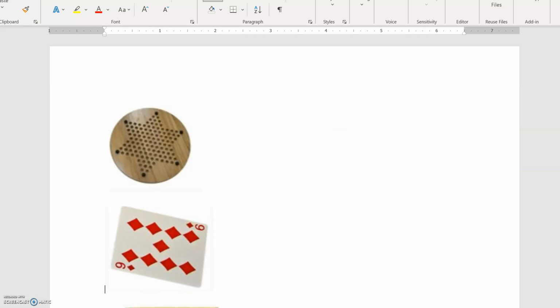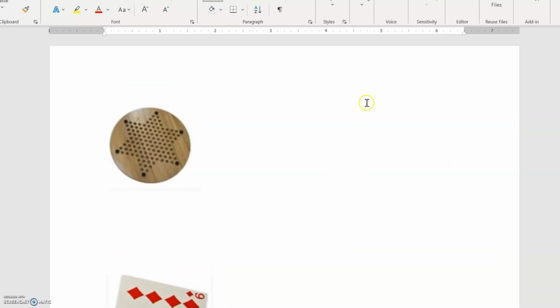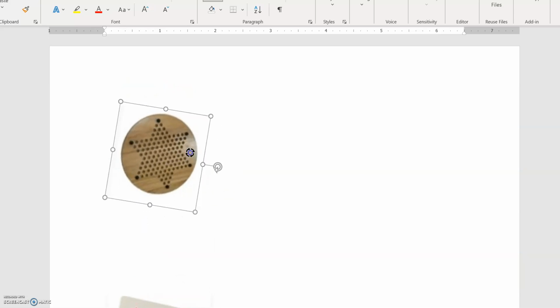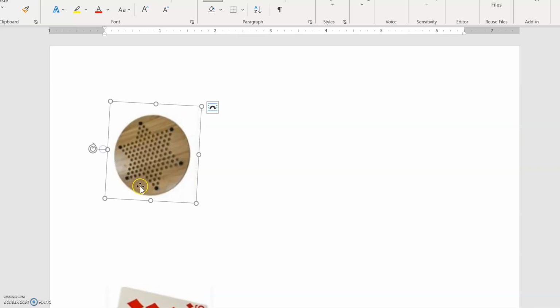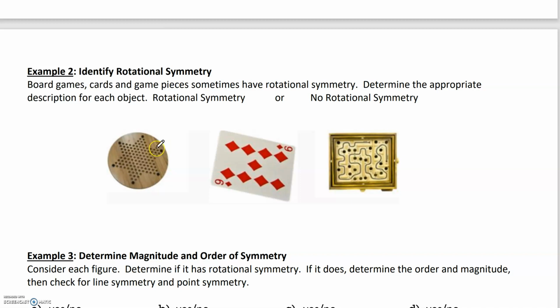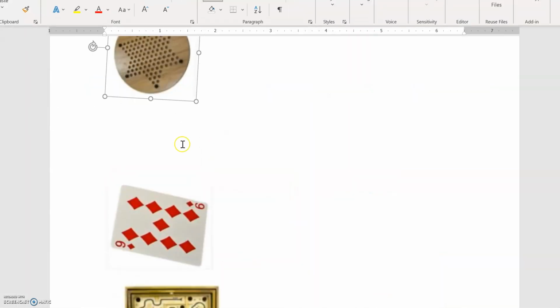Okay, so we're going to rotate it, and our star is the same if we rotate it around. We can still see that star in the same way. So this does have rotational symmetry.